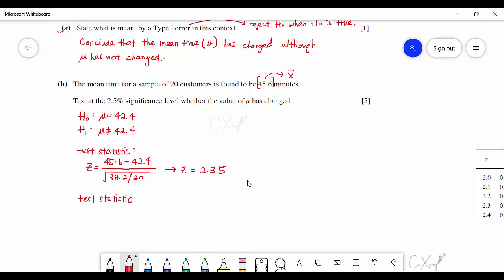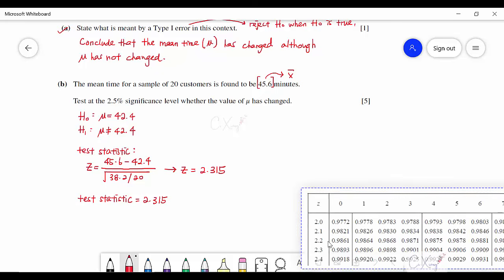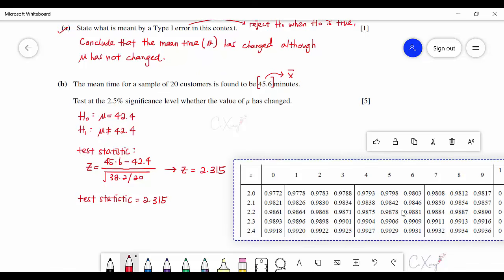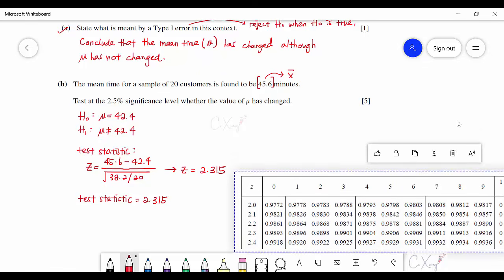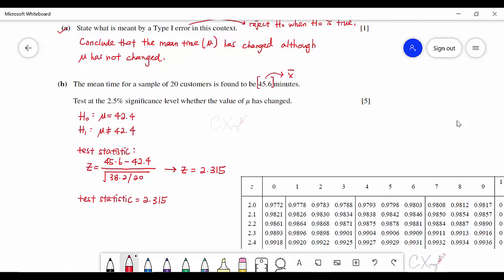The test statistic is 2.315, and we want to know what our critical value is. To get the critical value, you need to use the normal distribution table, of course. Before that, maybe you need to know what the significance level is for this case.